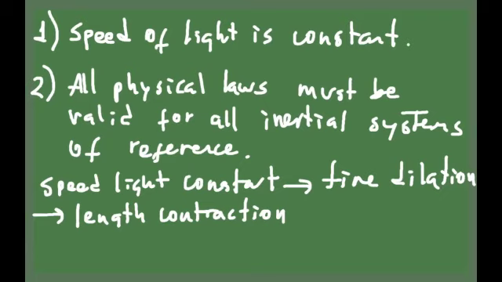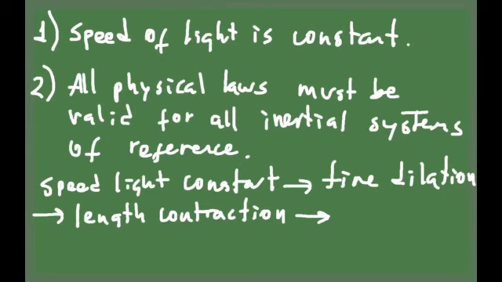So once you have shown that the length of an object is relative, the next step is to derive the equation that allows you to connect the velocity of an object with respect to two different systems of reference.